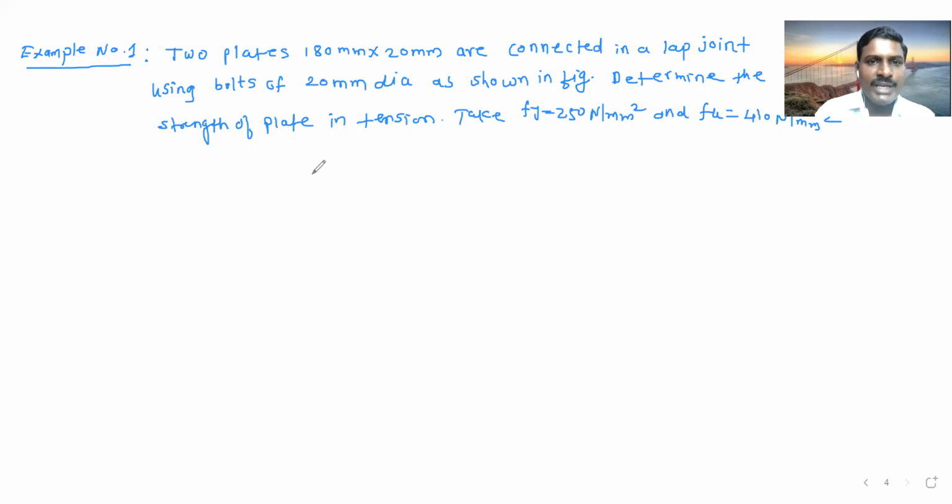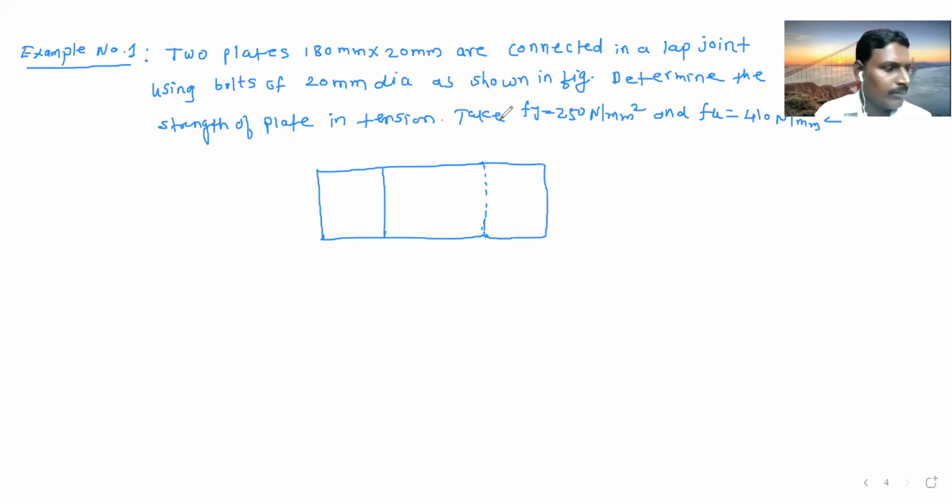Okay, so they have given this sketch. So I will draw the sketch first, how two plates are connected by the lap joint. Okay, so this way two plates are overlapped.